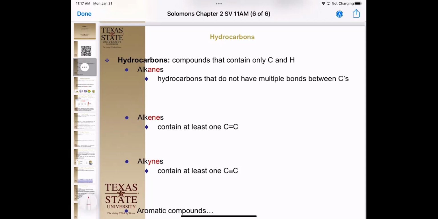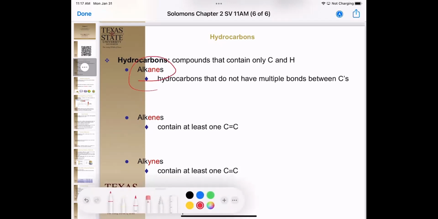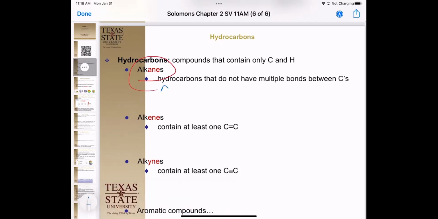And we call these alkanes, all sp3 hybridized, so all sigma bonds, all sp3 hybridized carbons. Okay.